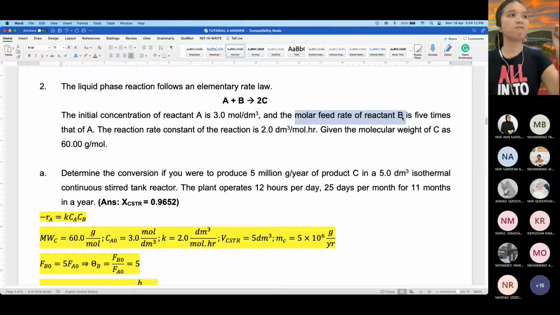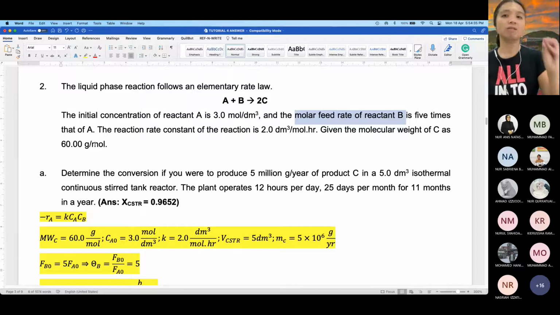So molar feed rate of reactant B, FB0 is 5 times of A. Maksudnya molar flow rate B initially FB0 bersamaan dengan 5 FA0. Okay, so FB0 initial molar feed rate. Molar feed rate itu initial molar flow rate lah kan.